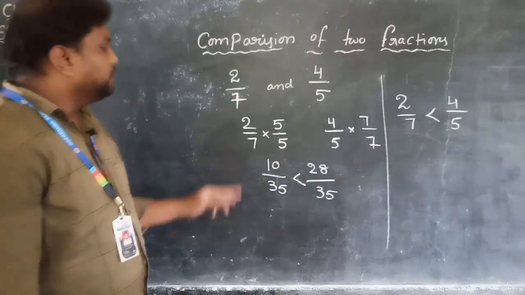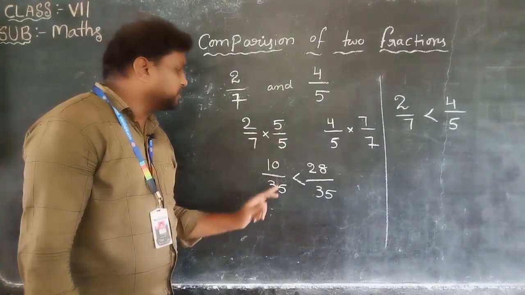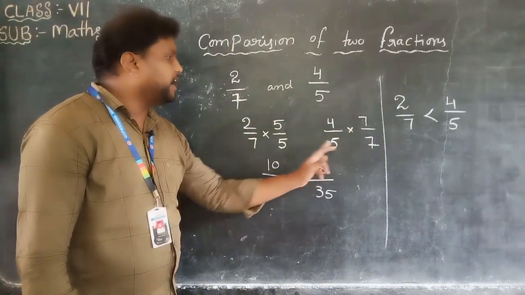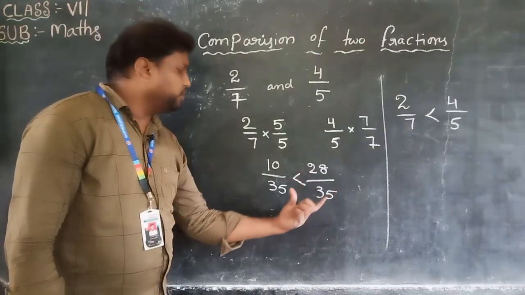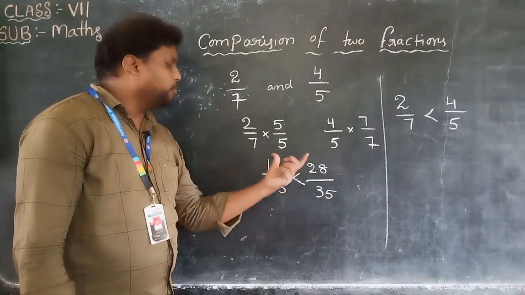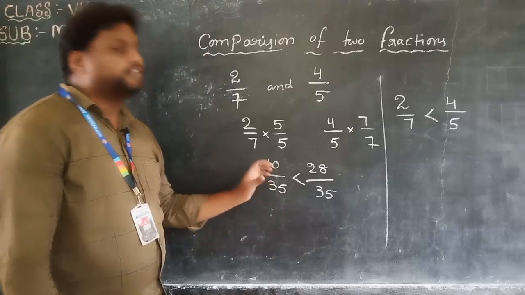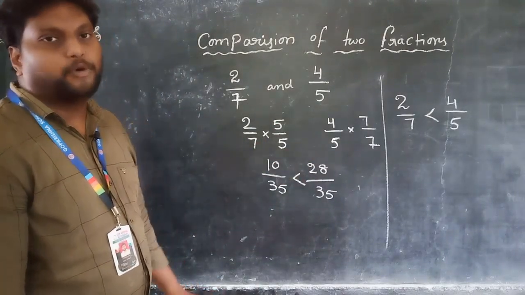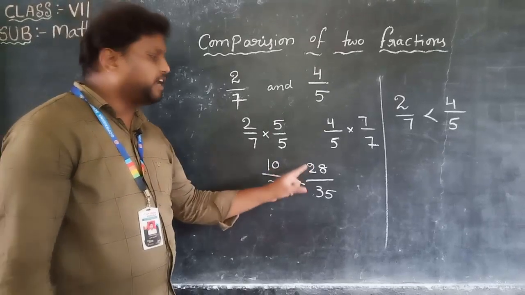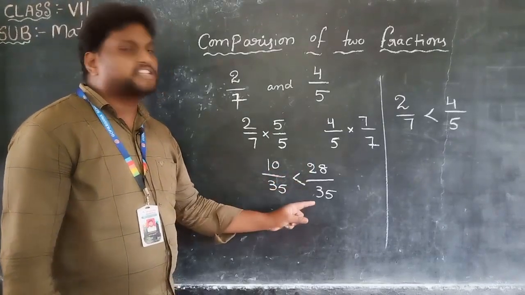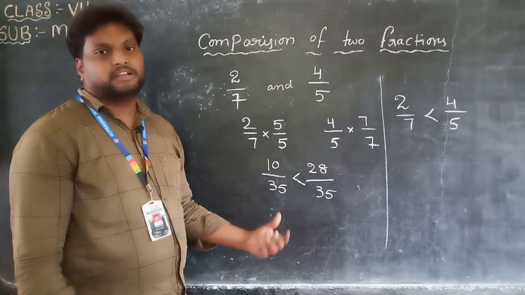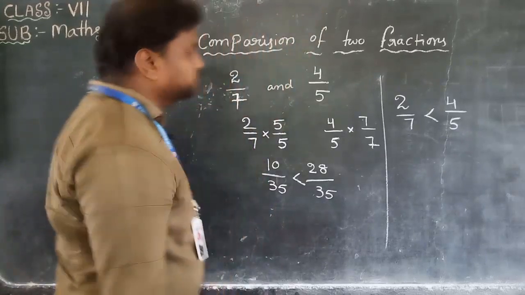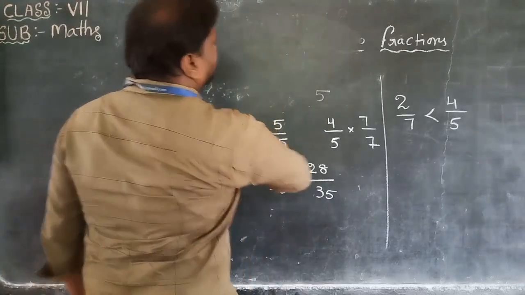Then 2 5s are 10, 7 5s are 35, 4 7s are 28, 5 7s are 35. Now the two denominators are equal, so whichever numerator is less, that whole value is less, and whichever is more, that whole value is more. Comparing 10 and 28, 28 is more. That's why the second fraction is more than the first fraction.